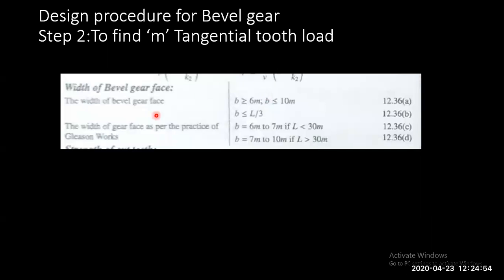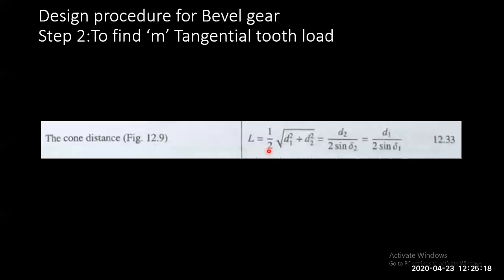And then the width of the gear. We have a number of values here. On average, I think we'll take around 7, 8, since there is no condition given on which we can assume these values. We'll set a standard when we start with the numerical.